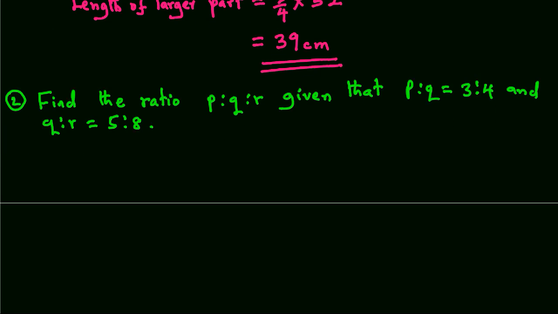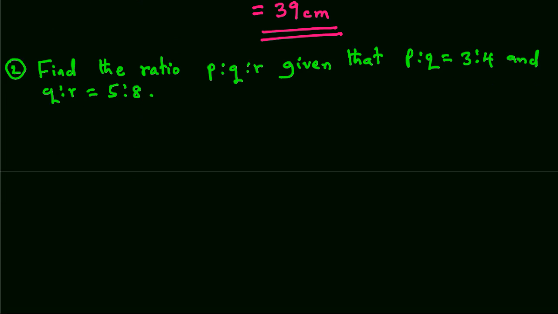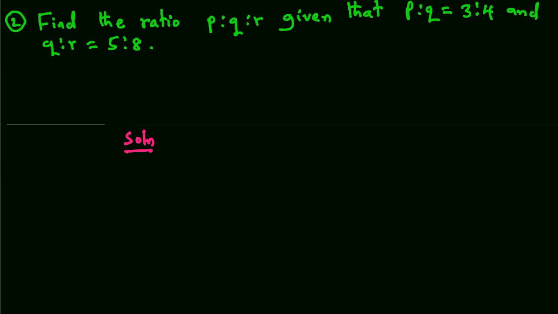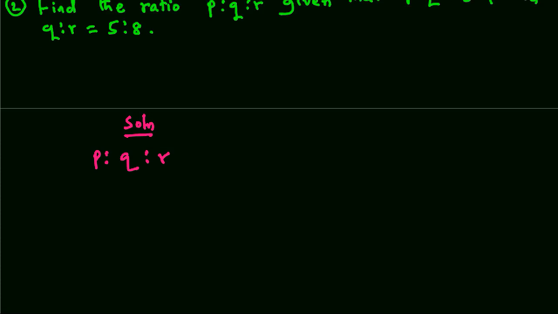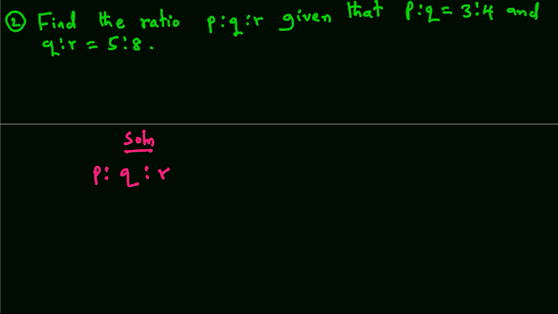Another question, we are required to find ratio PQR given that PQ is 3 to 4 and QR is 5 to 8. So in this case, we arrange them in order P to Q to R and fix what has been provided. So ratio PQ is given as 3 to 4 and QR is given as 5 to 8.